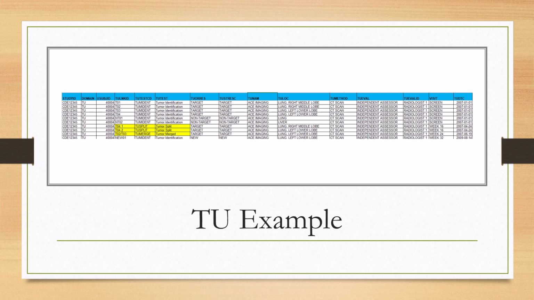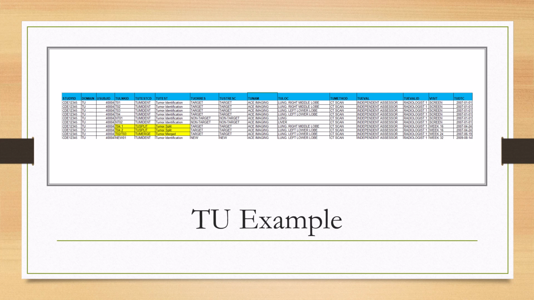In this example, tumors T02 and T03, identified in the screening visit, have been merged during the week 24 assessment, and we create one record for this tumor with the link ID T02/T03.